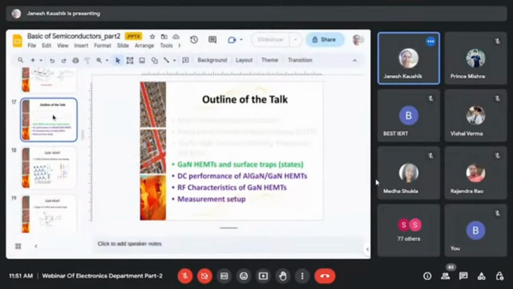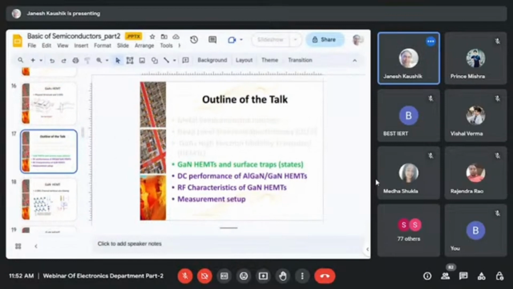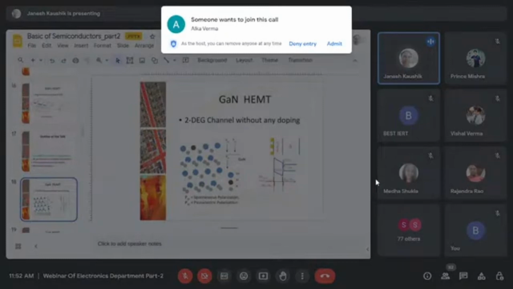And next, my main topic is the gallium nitride HEMT. In gallium arsenide, we have used doping to make a channel. But in case of gallium nitride, we are not using any doping. No dopant is used. Still we get a two-dimensional electron gas at the AlGaN interface, and that too one order higher.